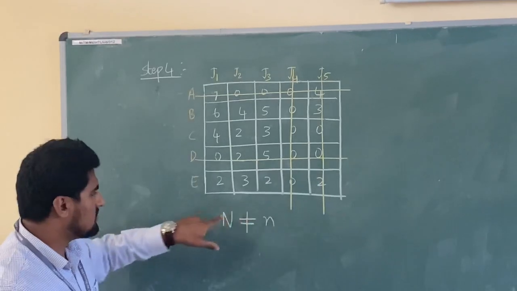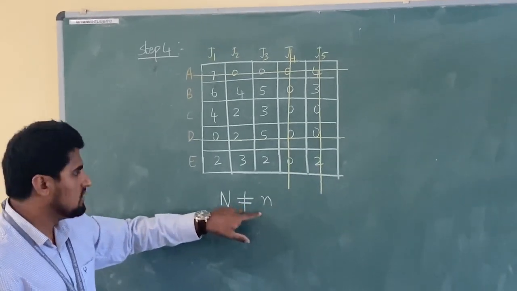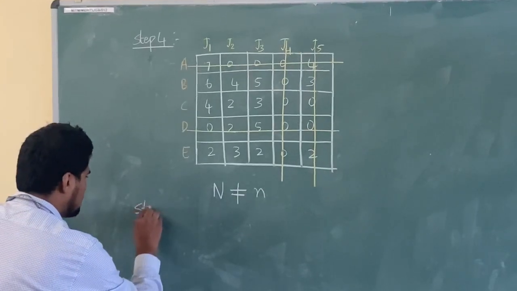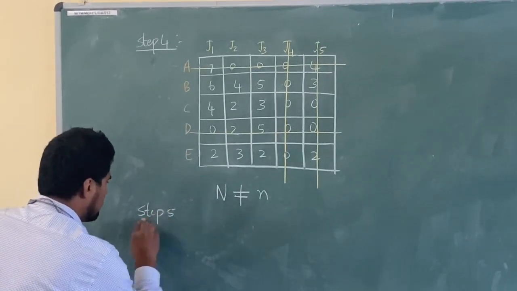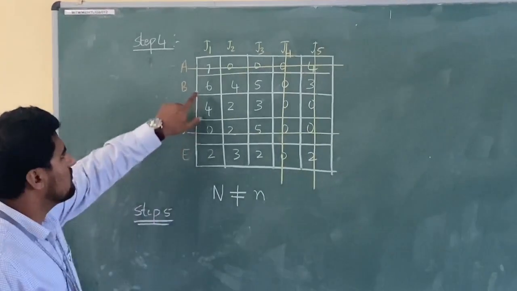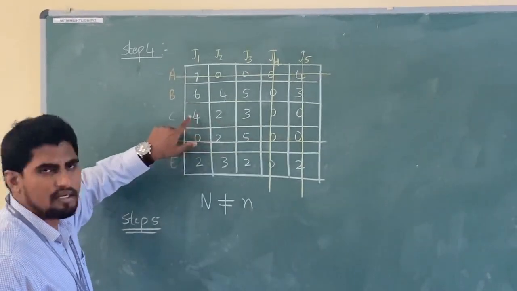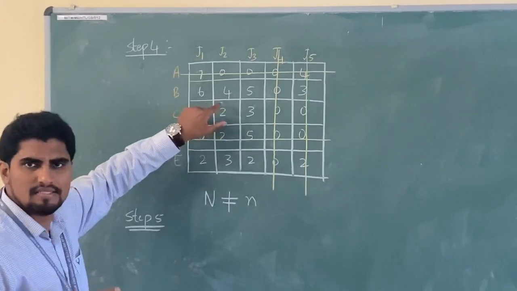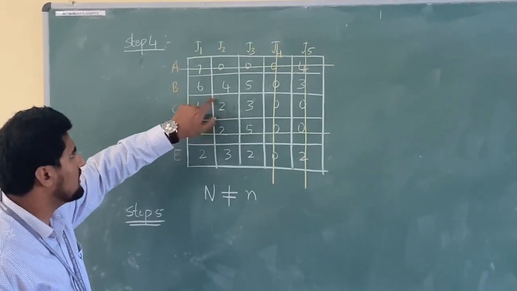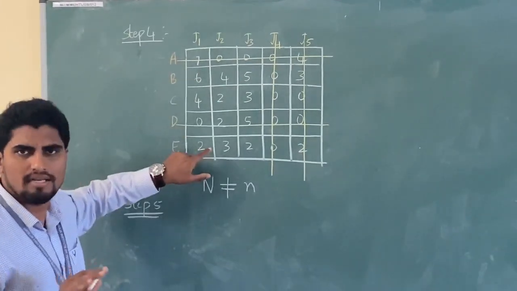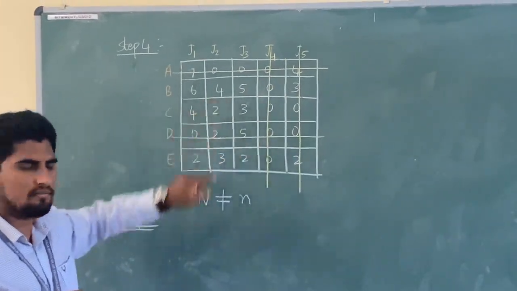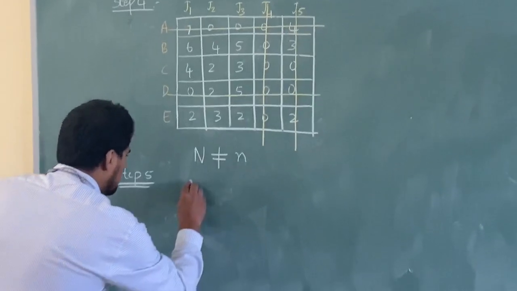In this case capital N is not equal to small n, so we need to proceed to further steps. What does step number 5 say? We have to check the uncovered numbers and find the least number. That particular number we need to subtract from all other uncovered elements, and at the intersection points we need to add that least number. So I'll just write it here.